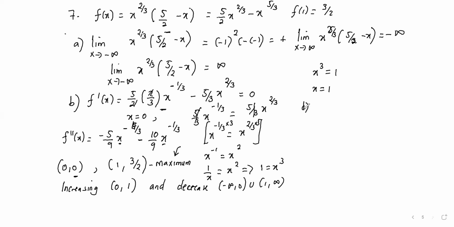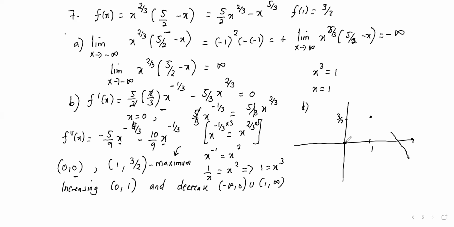So I'll go straight to D, where I'm supposed to sketch. At 1, I have a turning point, that is 1, 3 over 2, which is a maximum. At 0, I don't know what it is, but if you substitute some numbers, you would see that you are getting a positive value.